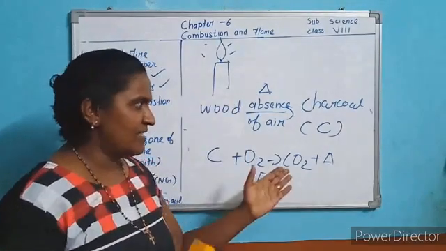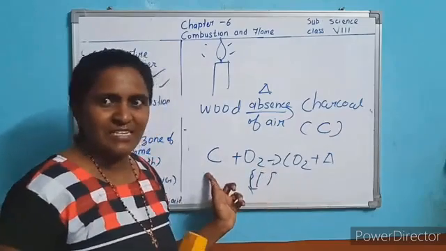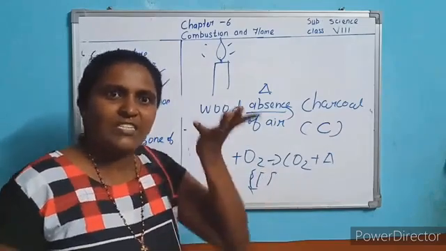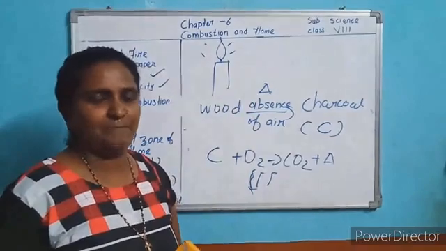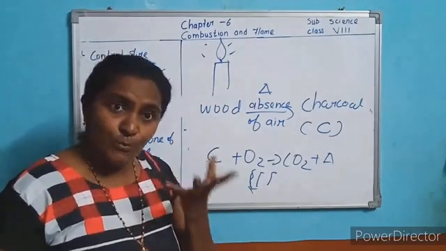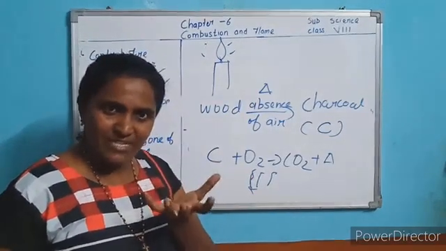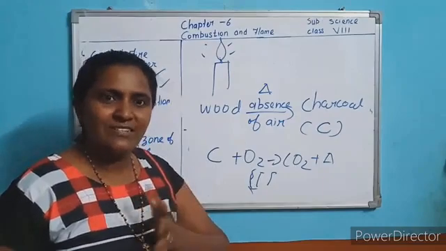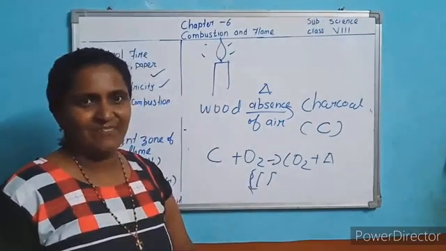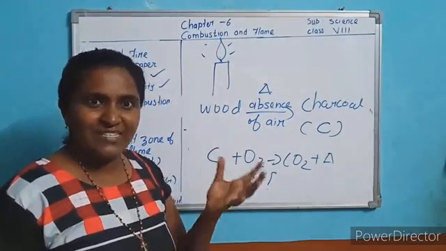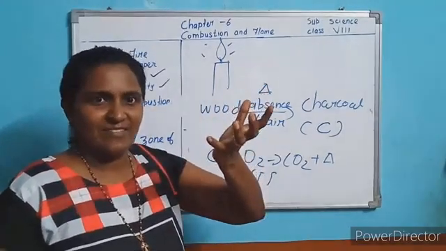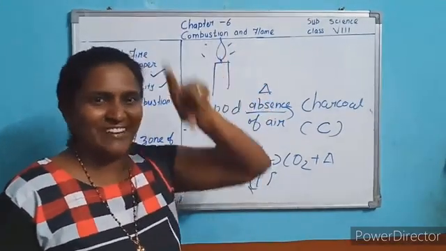Why? Because in this charcoal, volatile substance is not present. Who produces flame? The substance which undergoes vaporization. LPG, they evaporate, so they give flame.